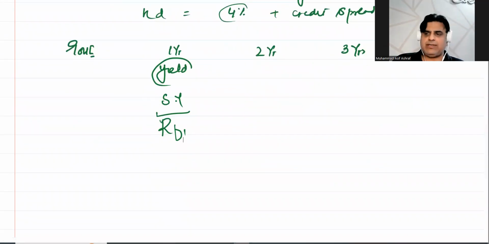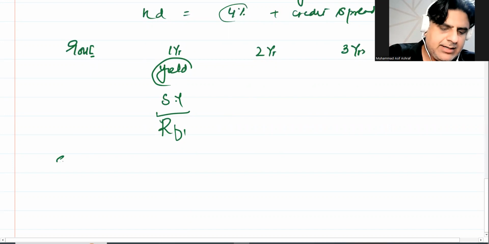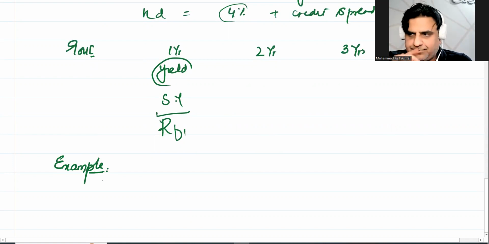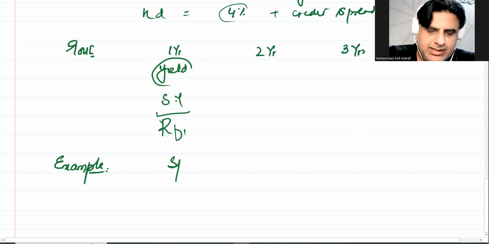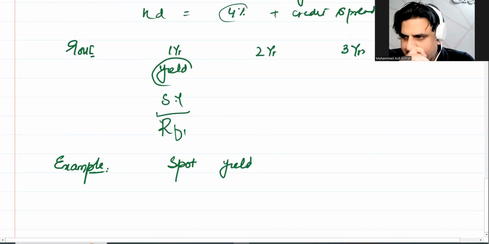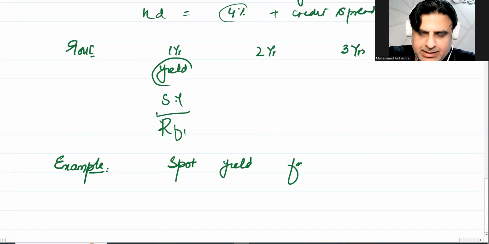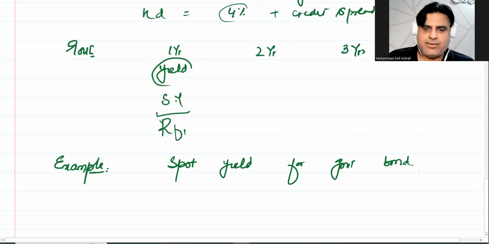Now let's solve the question, then you will better understand it. Let's say you are given the spot yield for the government bonds. This means that you have to calculate the spot yield for the company's bond.